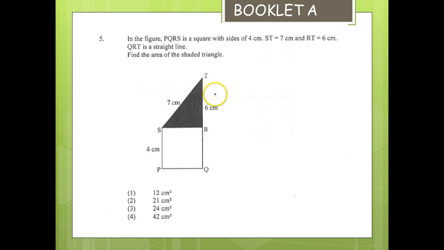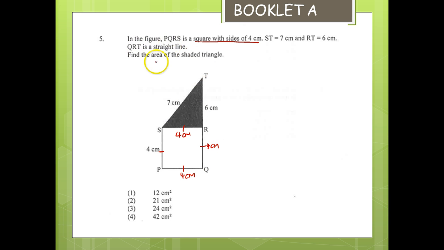In the figure, PQRS is a square. So I know a square means the sides are the same. So if this is 4 cm, this is 4 cm, this is 4 cm. ST is 7 cm, RT is 6 cm. QRT is a straight line.